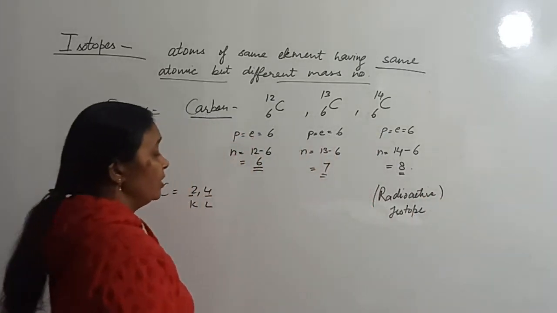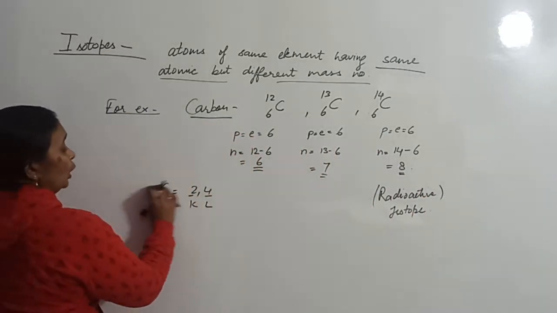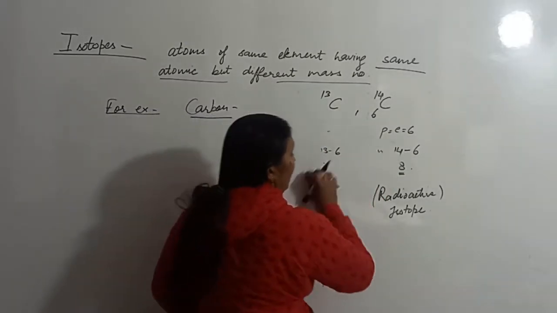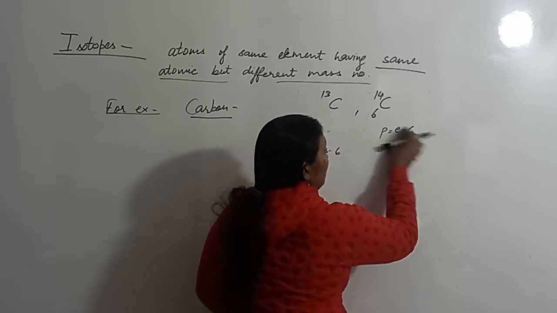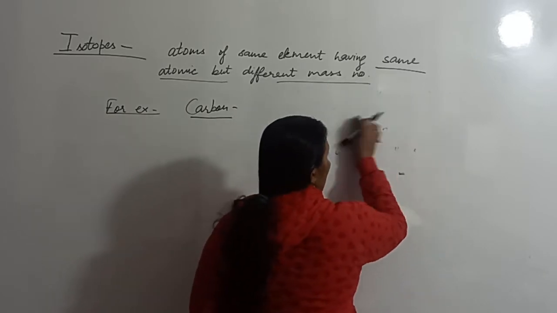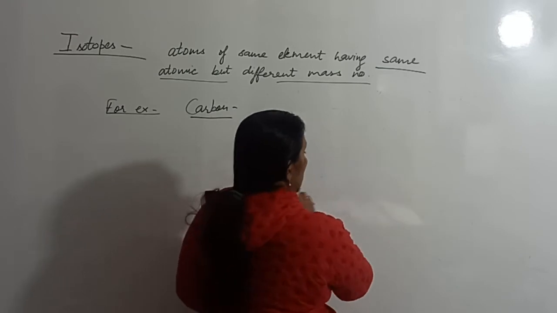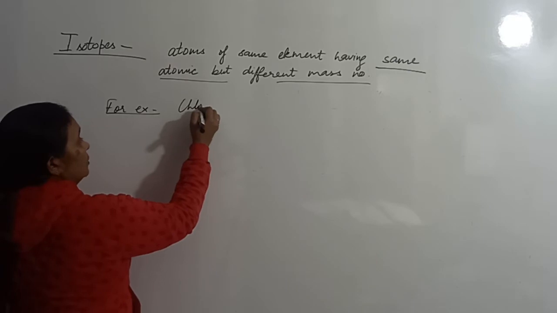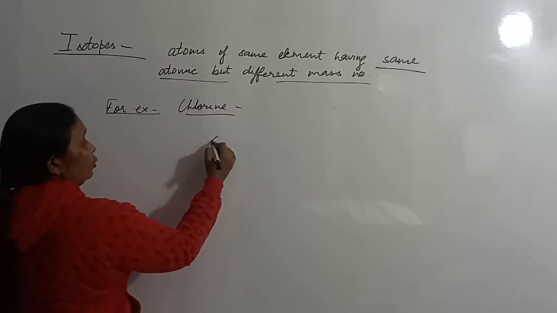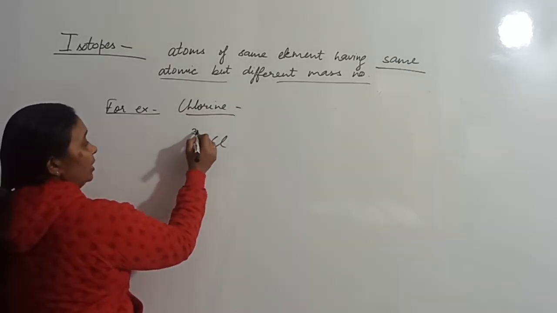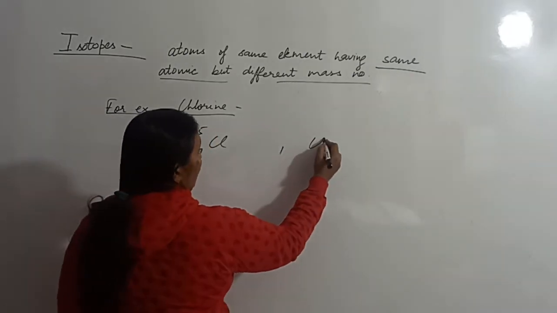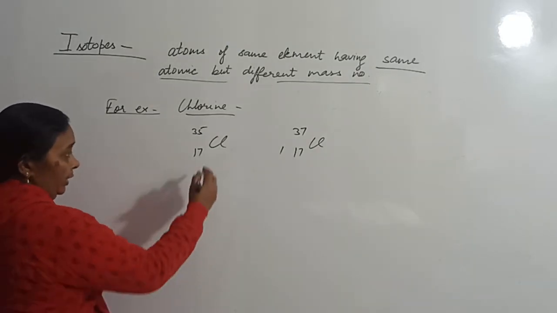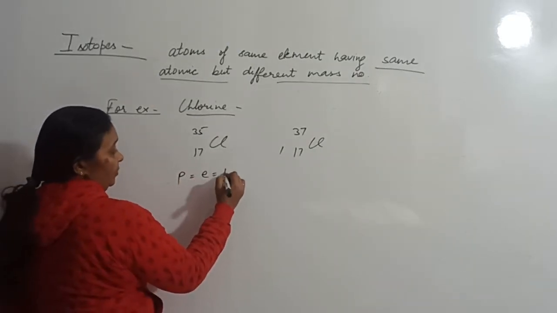Now the next example which I am going to take is chlorine. Chlorine has 2 isotopes. Let me show you the isotopes of chlorine. Chlorine atomic number 17, mass number 35. Another chlorine with atomic number 17 and mass number 37. So here again proton and electron will be similar, 17.